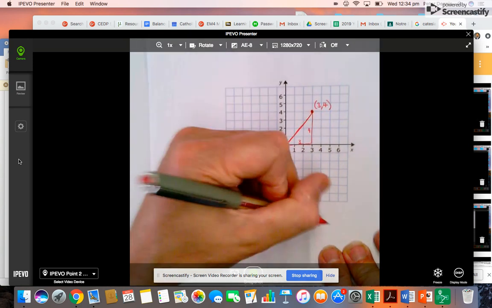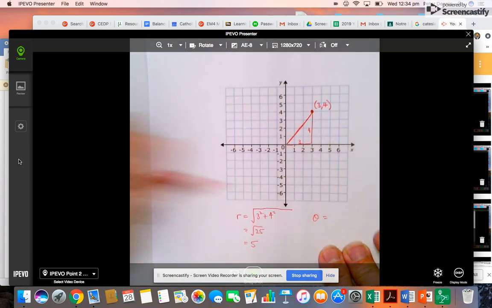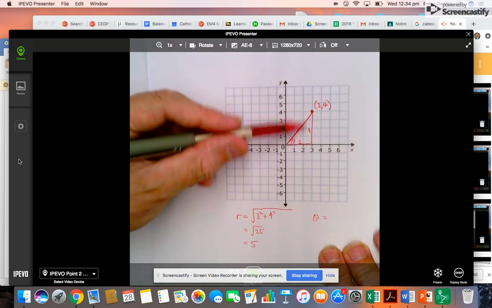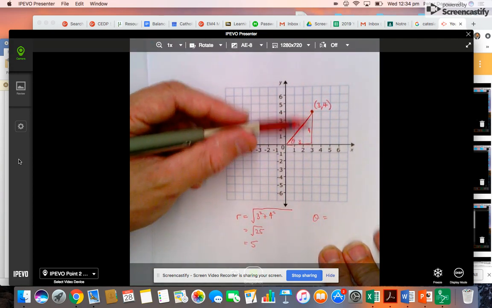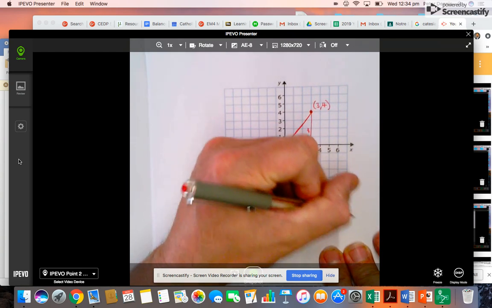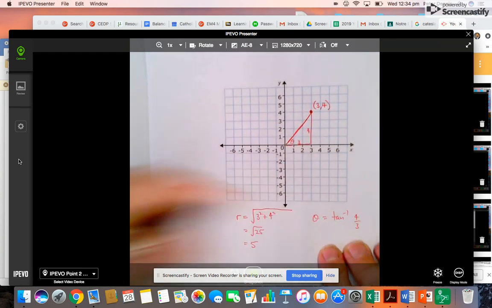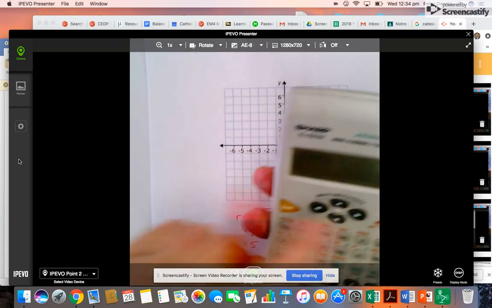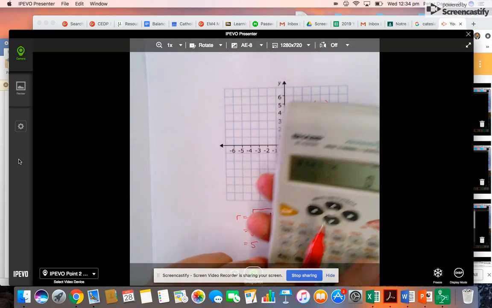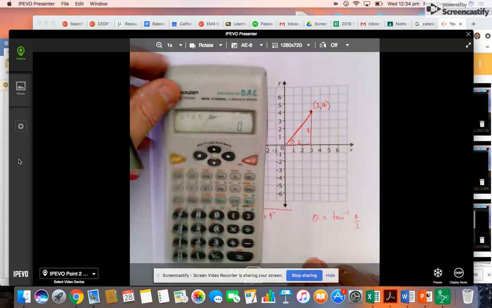Nice and simple. How do we find theta, or the angle? The angle in this case is just always going to be tan. Opposite over adjacent is tan, so it's tan to the minus 1 of 4/3. And we could do that in radians or degrees, but we probably should do it in radians.